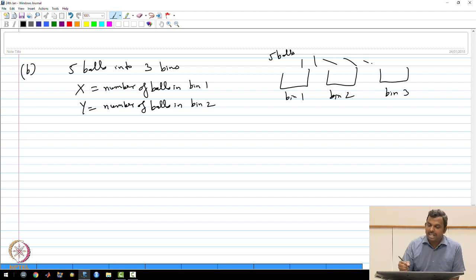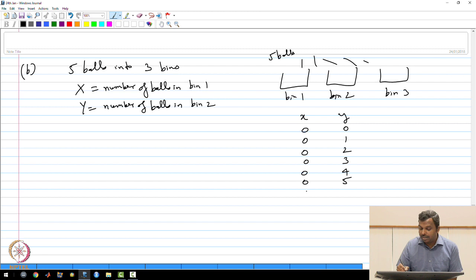So if you were to start building a table, it might become a little bit more difficult than what you bargained for. So for instance, if x is 0, y can be 0. If x is 0, y can be 1. If x is 0, y can be 2, right? So all of these are possible, all the way up to here.